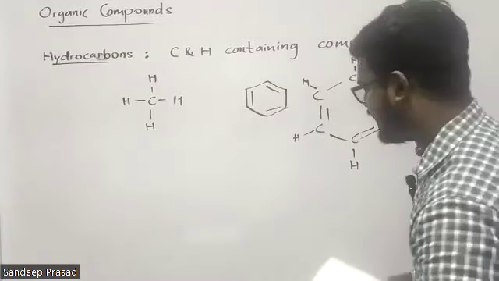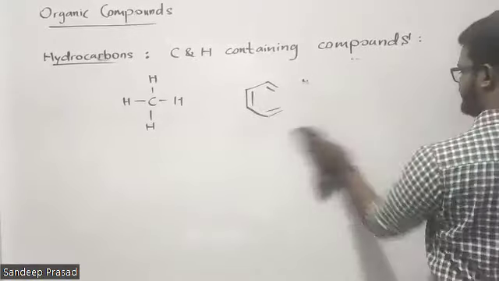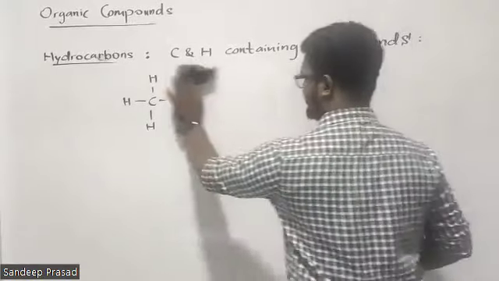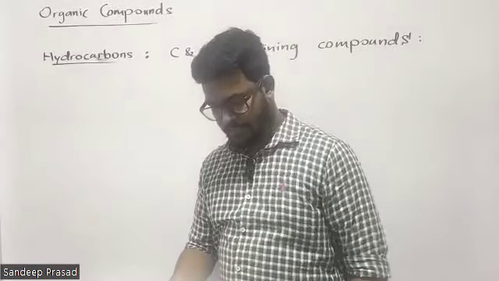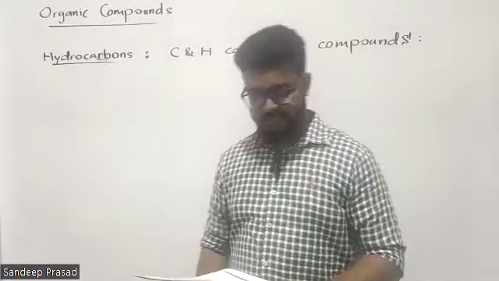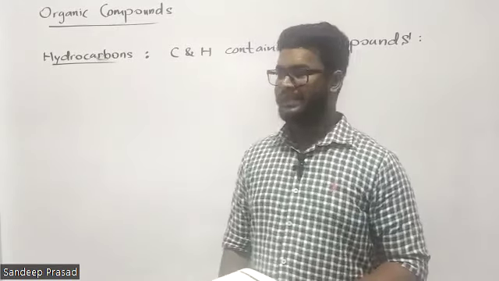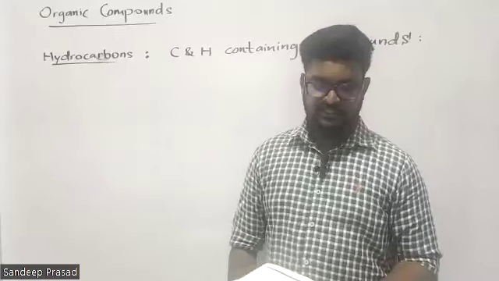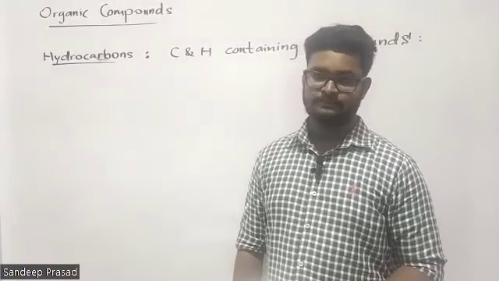Remember, these hydrocarbons again can be classified. Look at the classification of the hydrocarbons. I have given you space there. First of all, highlight that the simplest forms of organic compounds are called hydrocarbons. Quickly highlight that one.